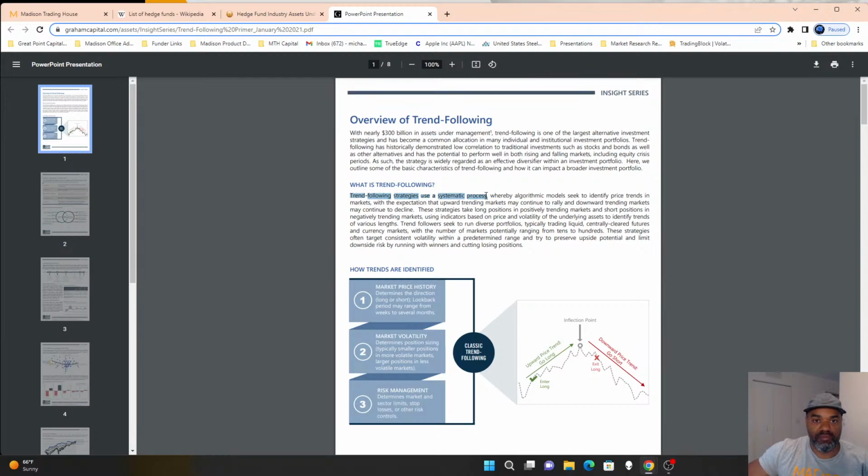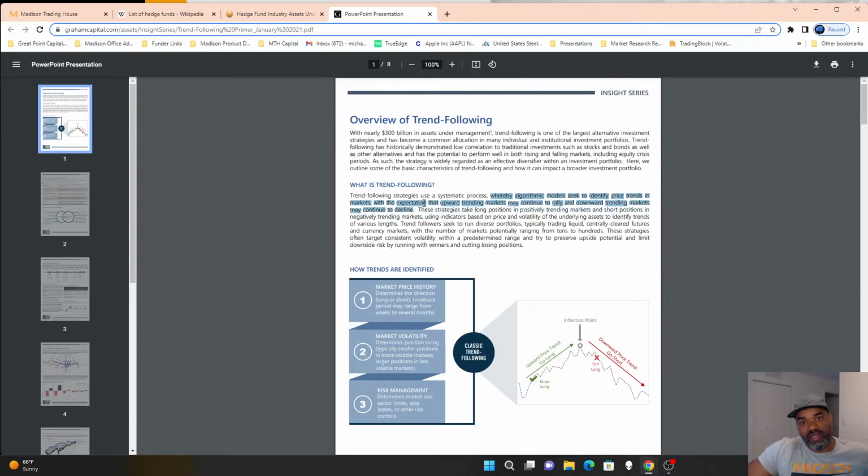It's looking at pattern recognition. That's what trend following is about. And it says whereby algorithmic models, and the term models means that they've created some sort of mathematical, statistical, etc. model of the market that they're using to determine what to buy and what to sell, how much to buy, how much to sell, etc. Seeks to identify price trends in the markets with the expectation that upward trending markets may continue to rally and downward trending markets may continue to decline.